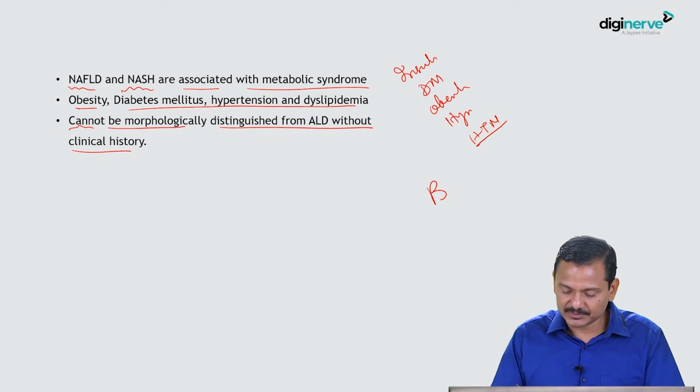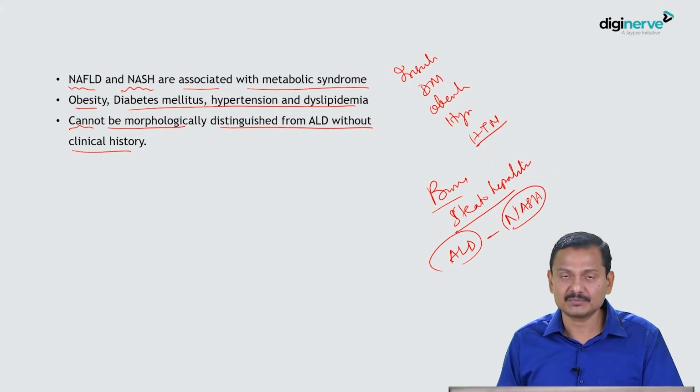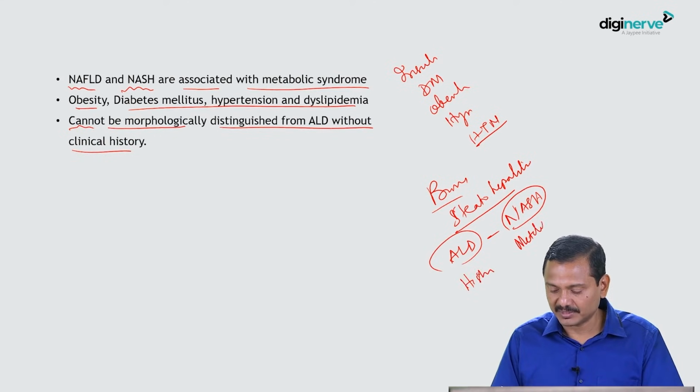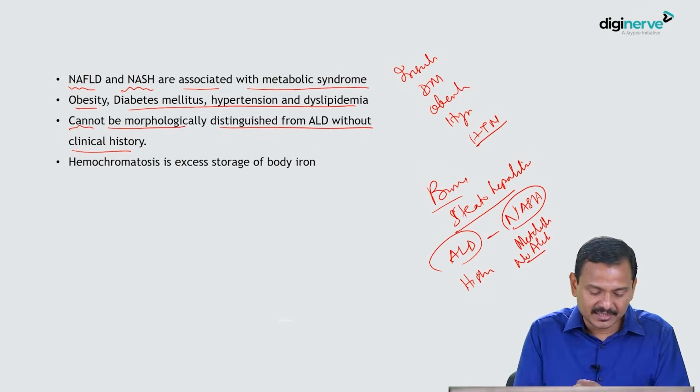If you see a biopsy and find steatohepatitis, you can never be sure whether it is from alcoholic liver disease or from NASH, because both look the same. Here there is alcohol history, whereas there it is a history of metabolic syndrome and no alcohol. So that is how they are decided.